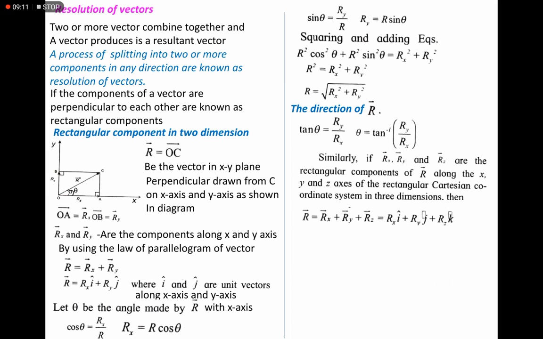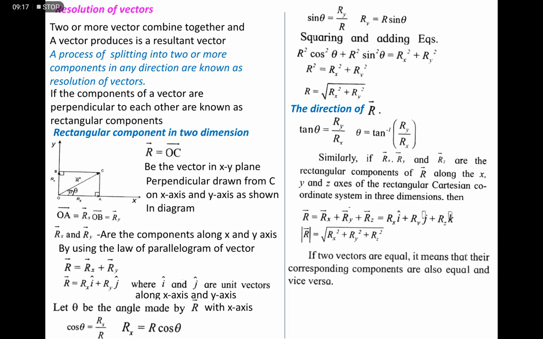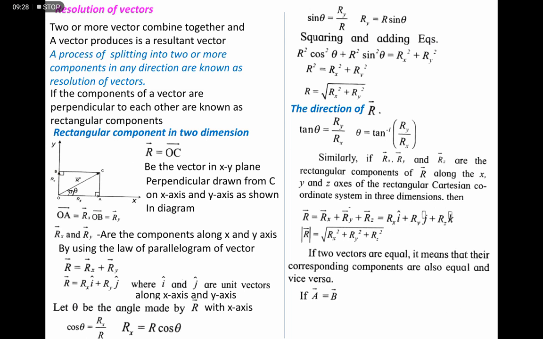Here, if the vectors are equal, it means their corresponding components are also equal, and vice versa.